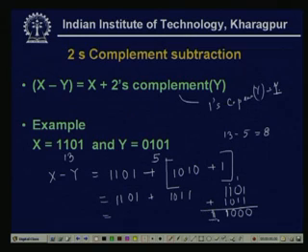Now, if we discard this overflow bit, then it will be 1000, whose decimal equivalent is 8, which satisfies our normal result. So, instead of doing the subtraction, actually we have done the addition. The simple addition circuit we can easily use for this, provided that the 2's complement of that number is available.